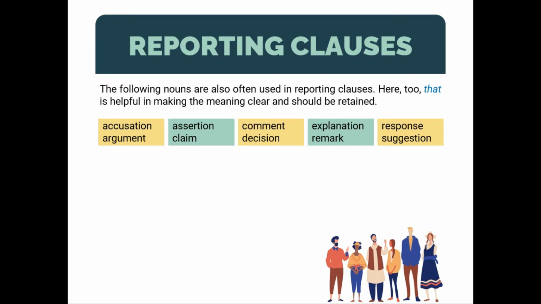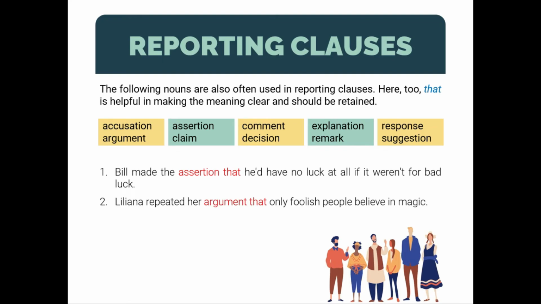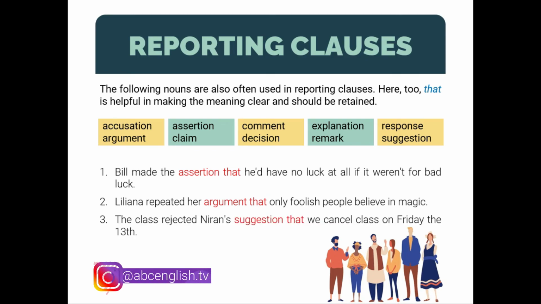For example, number 1. Bill made the assertion that he would have no luck at all if it weren't for bad luck. Number 2. Liliana repeated her argument that only foolish people believe in magic. Number 3. The class rejected Nidan's suggestion that we cancel class on Friday the 13th.